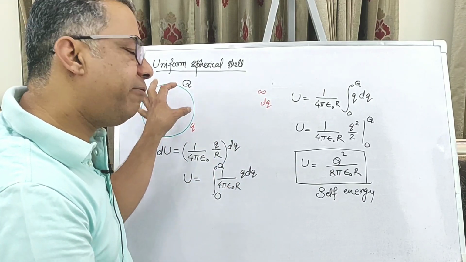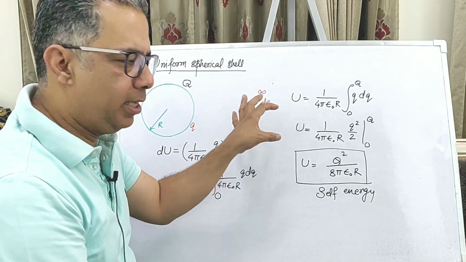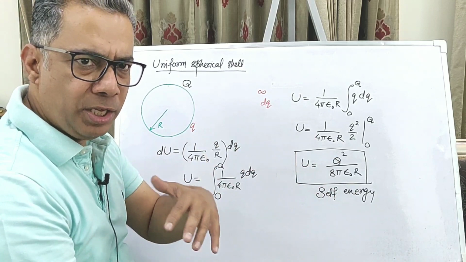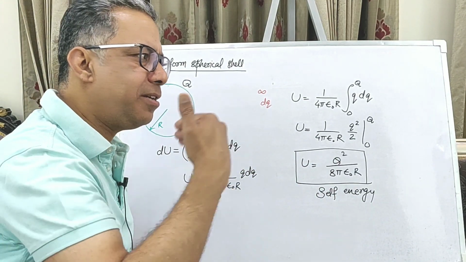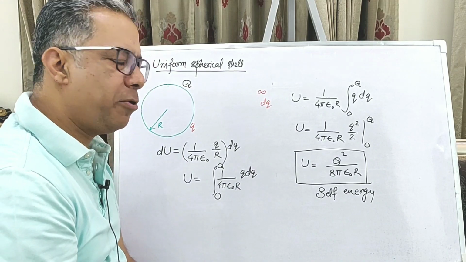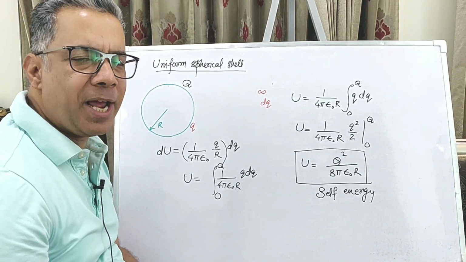Now when we have several such charged bodies and they interact with each other as well, the potential energy resulting from that interaction would be called potential energy of interaction.